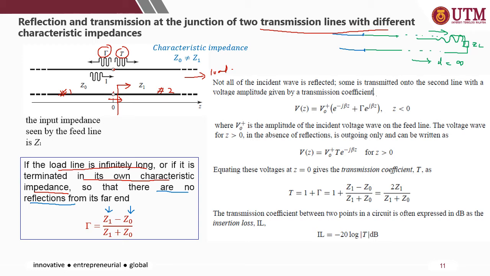Considering this condition, we know that not all the incident wave is reflected; some is transmitted onto the second line. At this point, some of it will be reflected back, and some of it will be transmitted onto the second line. So the total voltage at z less than 0 can be calculated by this equation, depending on the reflection coefficient.